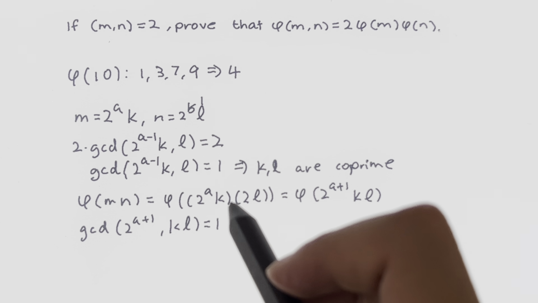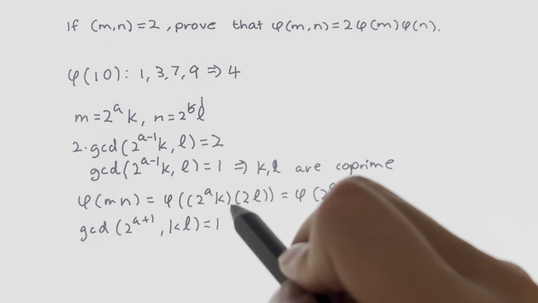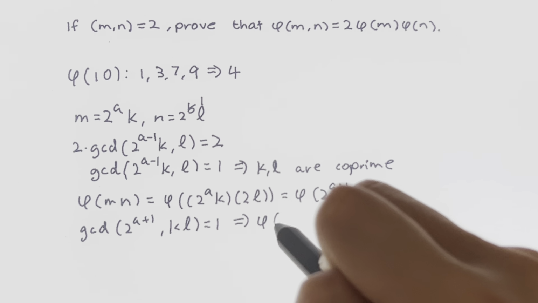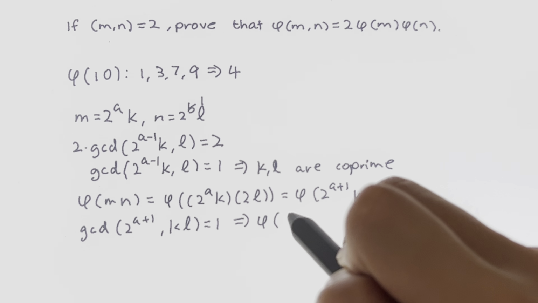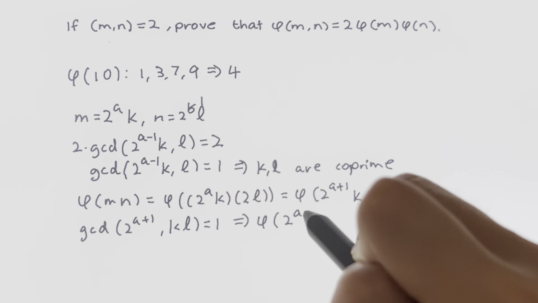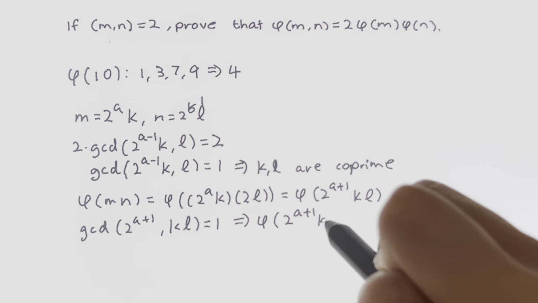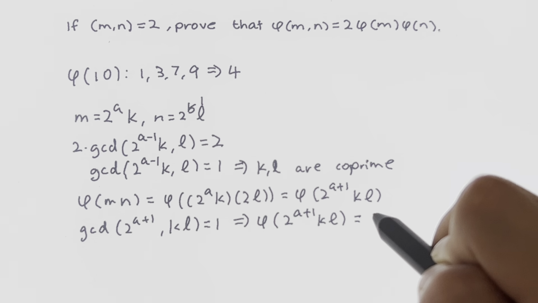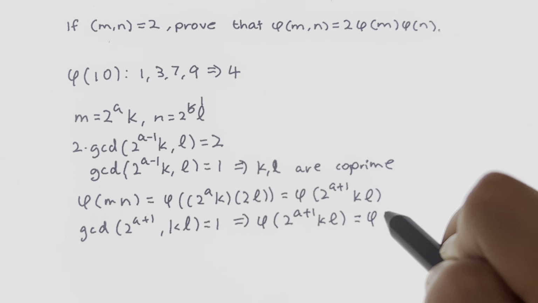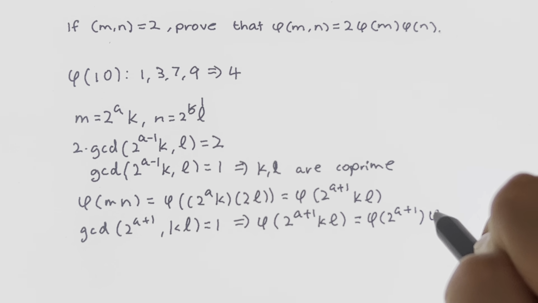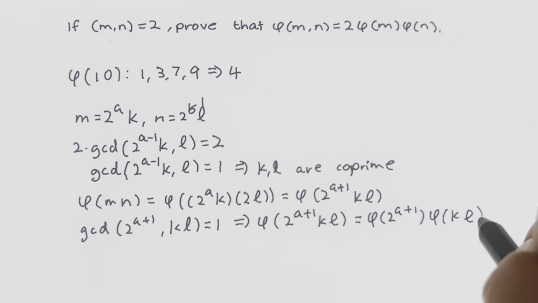Therefore, the Euler's totient of 2 to the power of a plus 1 times kl must equal the Euler's totient of those two factors multiplied. In other words, it equals the Euler's totient of 2 to the power of a plus 1 times the Euler's totient of kl.